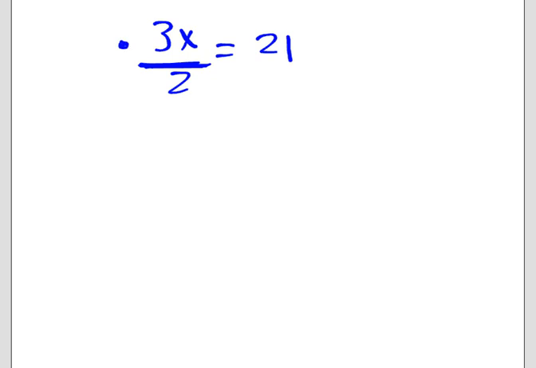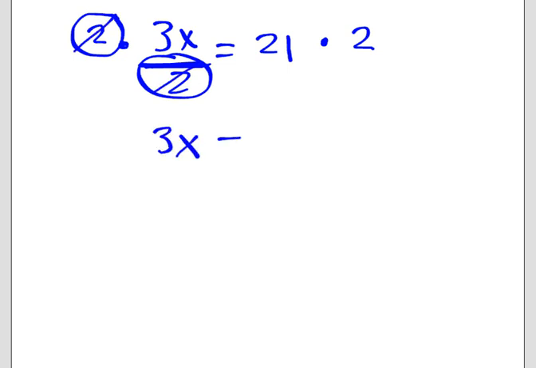It would be to do times 2. If I do times 2 on the left, I have to do the same thing on the right. So the times 2 and divided by 2 will cancel out, and I'm left with 3x is equal to 21 times 2, that's 42.